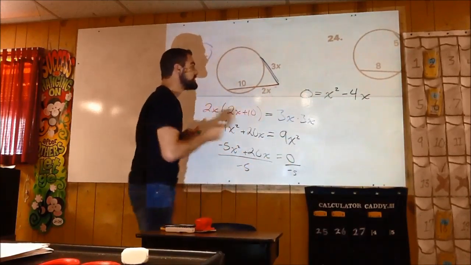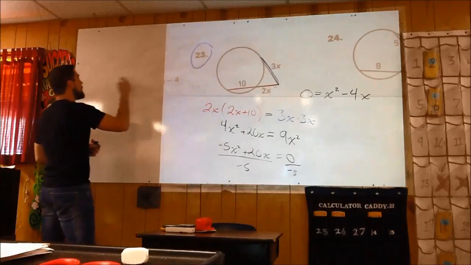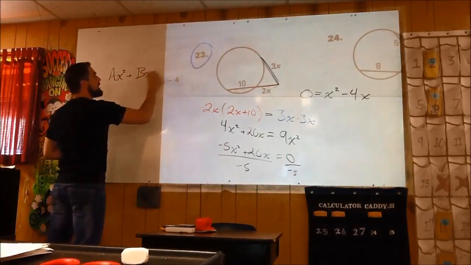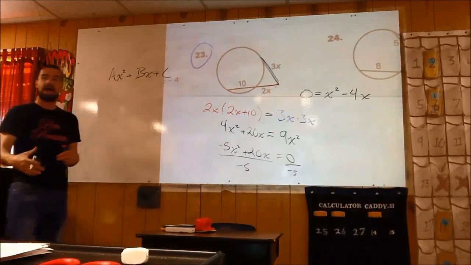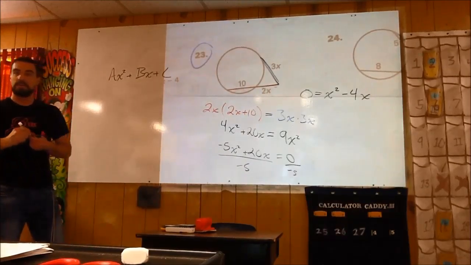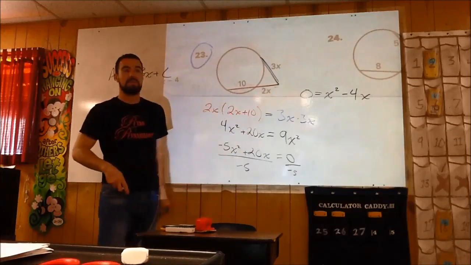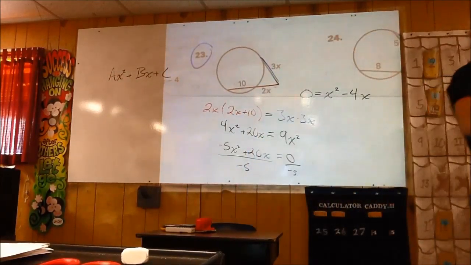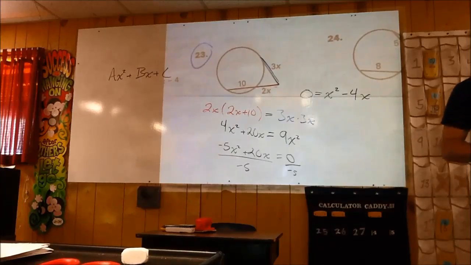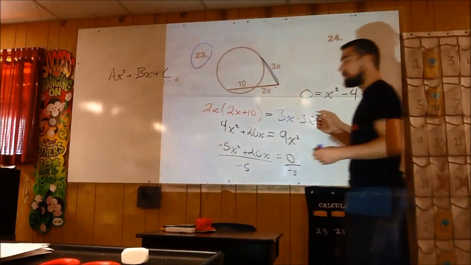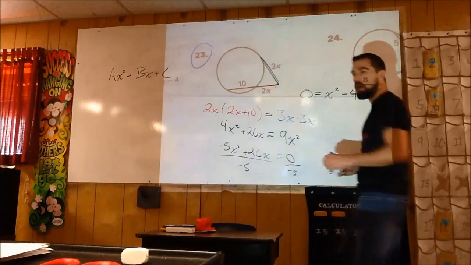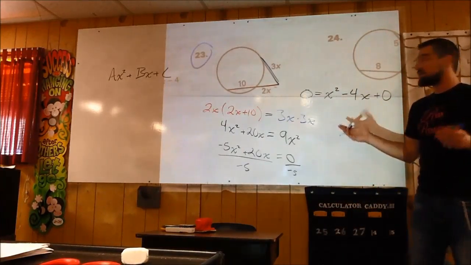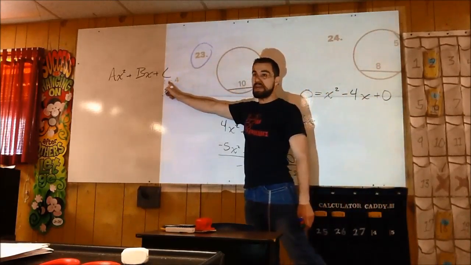So the issue is the standard form of a quadratic equation is ax squared plus bx plus c. Right now we don't have a plus c. We don't have that constant over there. Is there any number that I could just add in there but not change the value of this equation? 0. I can add 0 all day long, and it's not going to change anything. So the value of c for this quadratic is 0.